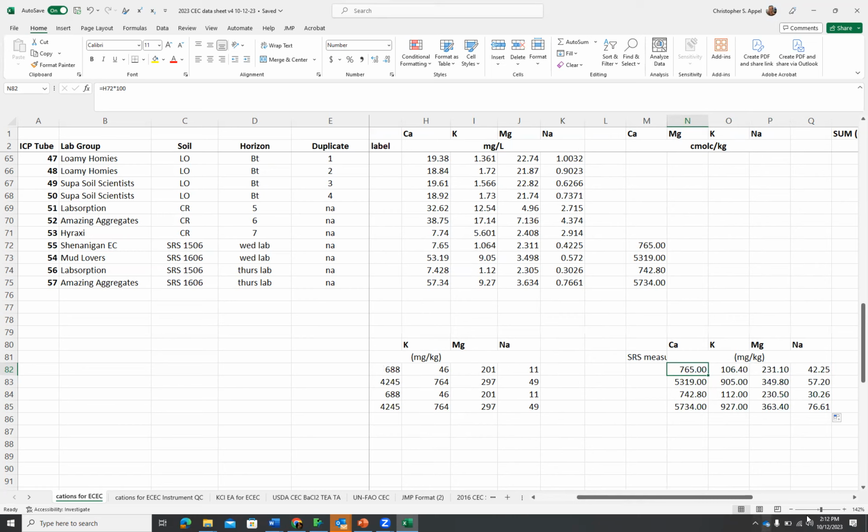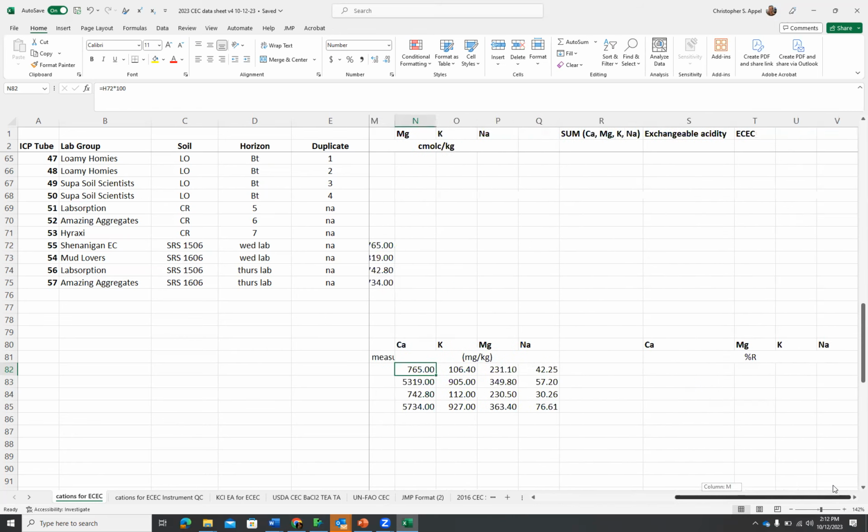Okay. So if you have that, then to calculate the recovery, what do we do for recovery calculations? Here's what we measured.